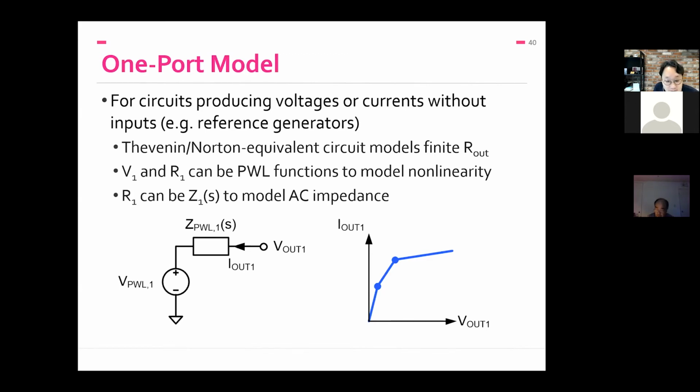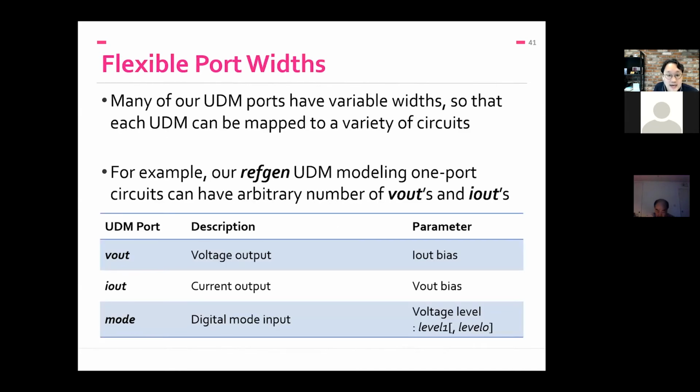And it turns out even this simple model template covers a variety of circuits. The key to that is each of our UDMs can have a variable number of ports. So the number of ports for this UDM is not fixed. For example, the outputs generated by this one-port model can be multiple.